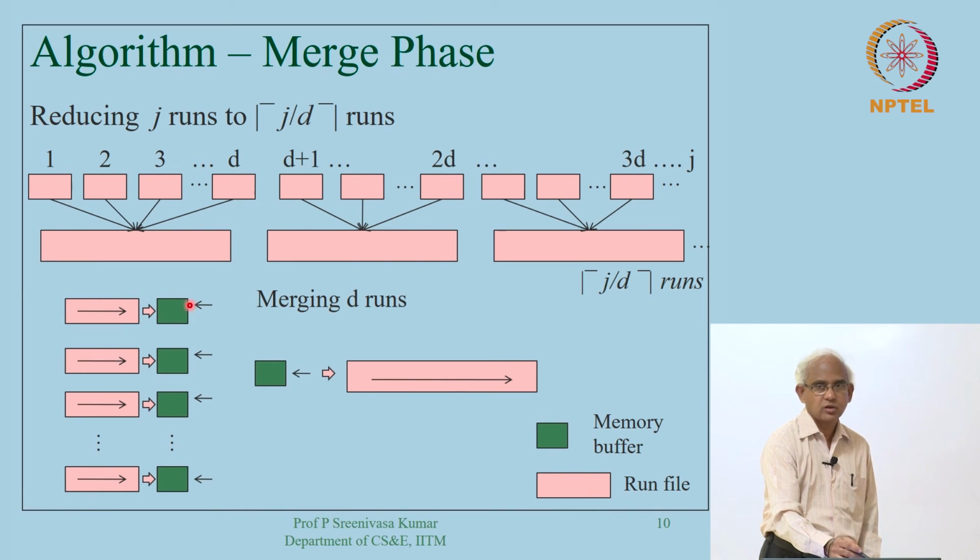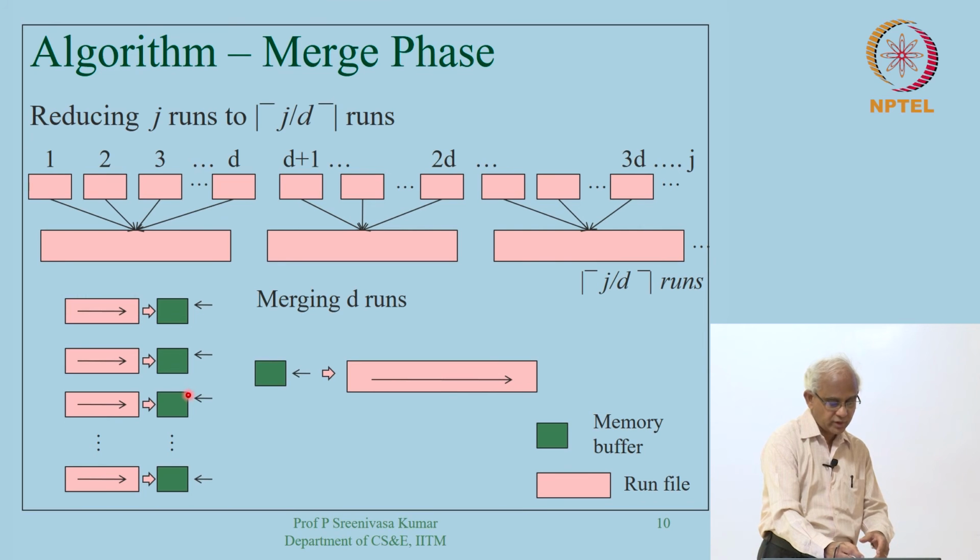Obviously, one of these will be the first among them, sorted. So, pick that up and advance the pointer there. Wherever you pick up a record, you advance the pointer there. And then again look at all the pointers, pick up the next one, advance the pointer there.